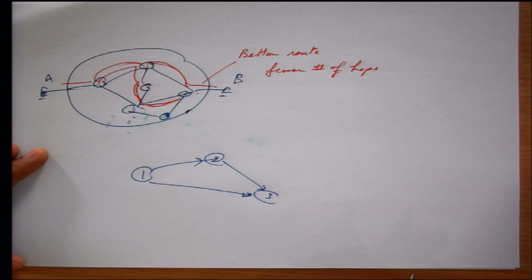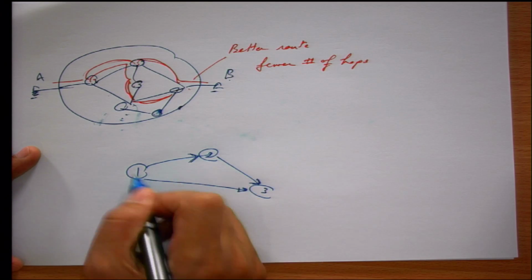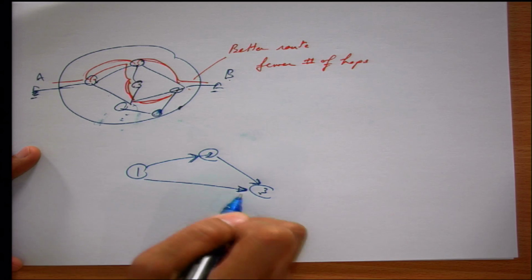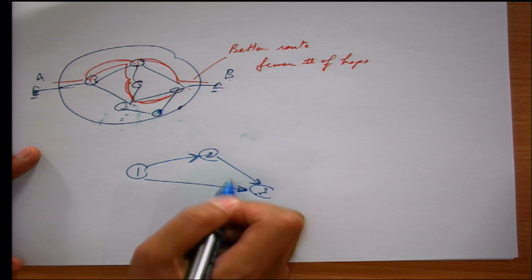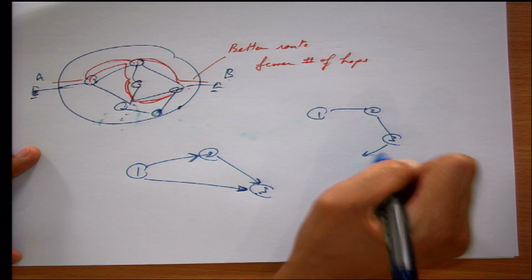Suppose you have a closed loop like this. This is a closed loop. You can see that if 1 wants to go to 3, it has to go to 3 directly or it has to go like this, okay? So this is not acceptable. What is acceptable? It has to be something like this.